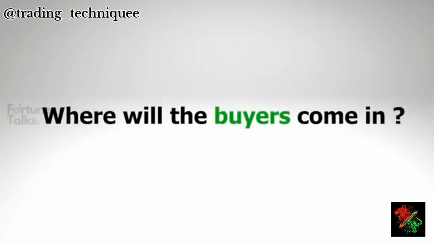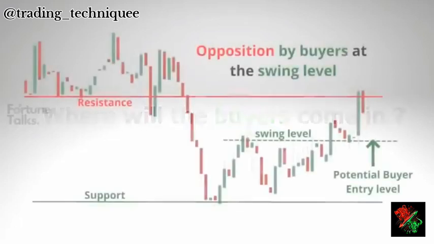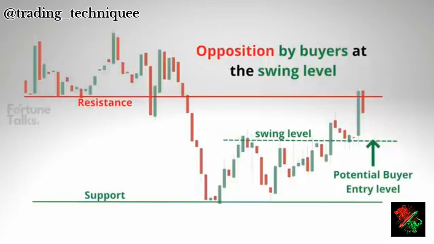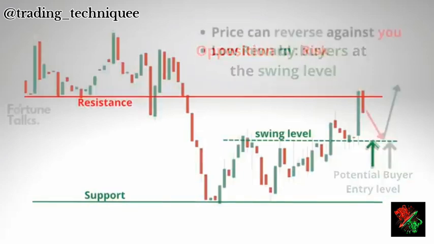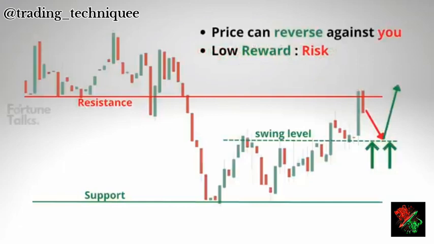We can ask the same question here also. Where will the opposing pressure come in? That is, where will the buyers come in so as to get a good buying price? Well, this time around, the bias could potentially be at these swing lows. What this means to a trader who is looking to short at the resistance is that as the price approaches these swing low levels, you will be facing opposing pressure that could turn the tide against you and you would not get a good reward to risk trade.